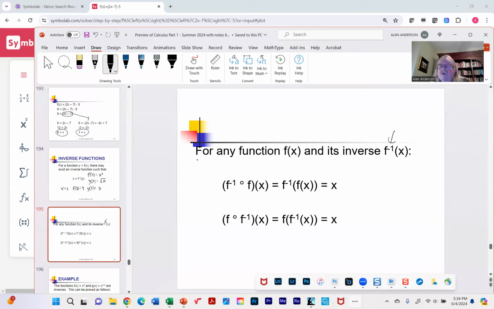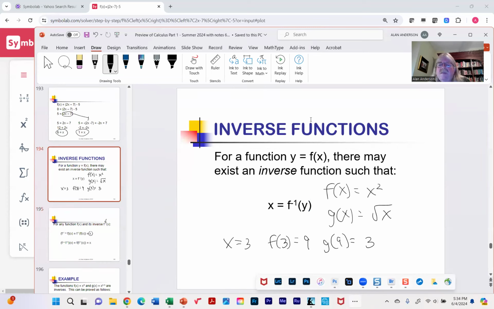In order to demonstrate that they are in fact inverses, we need to show that the composite of the inverse with f is equal to x, which is the same thing as what I just showed you. In other words, if I started here, g of 3 is the square root of 3, and then f of the square root of 3 would be 3.